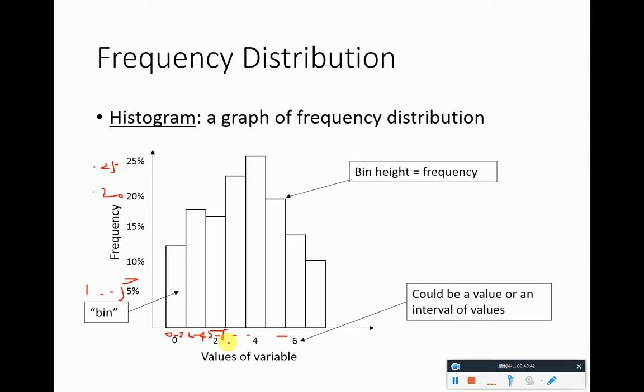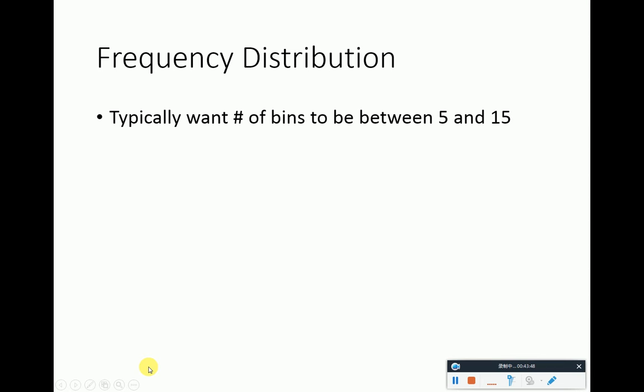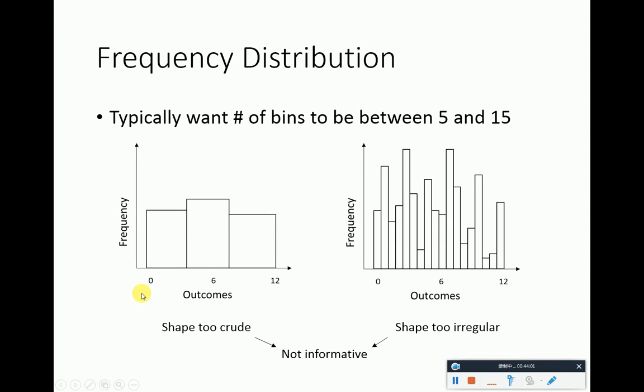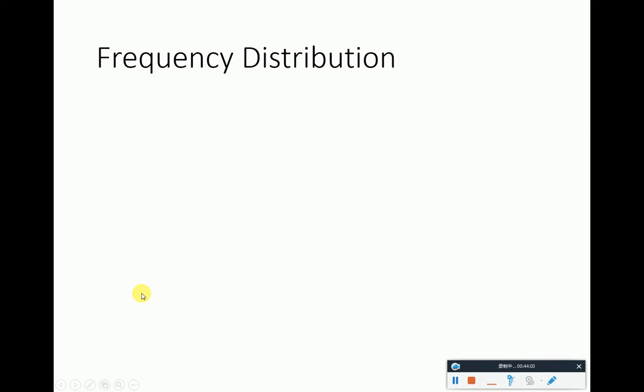Doesn't matter. It depends, of course, on your purpose. So here are some rules of thumb, which I think can be skipped because we're not doing the actual plot here.